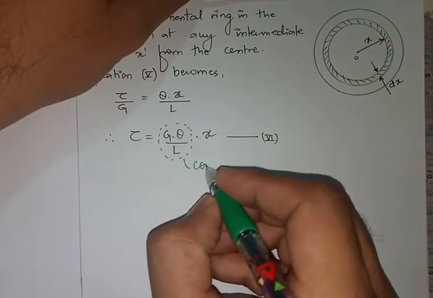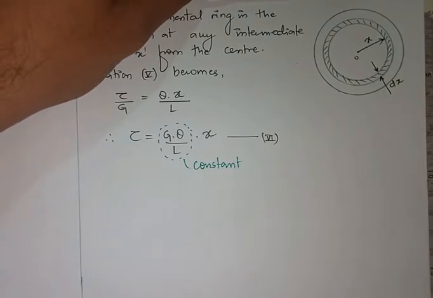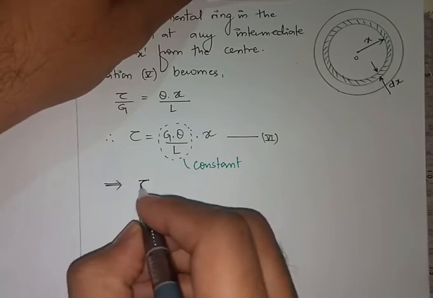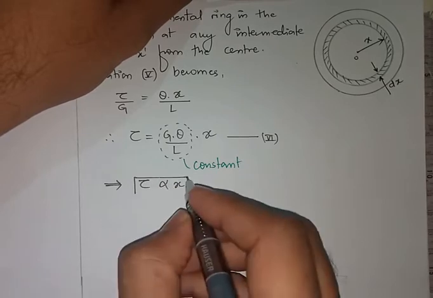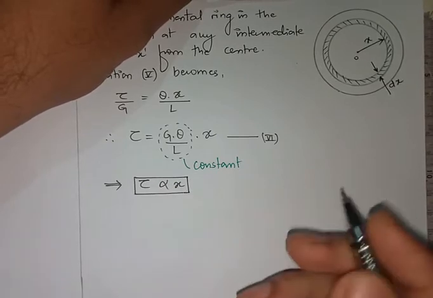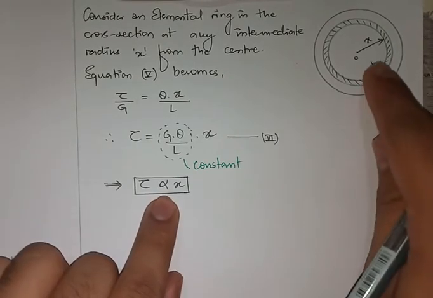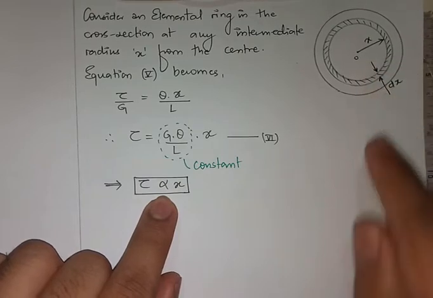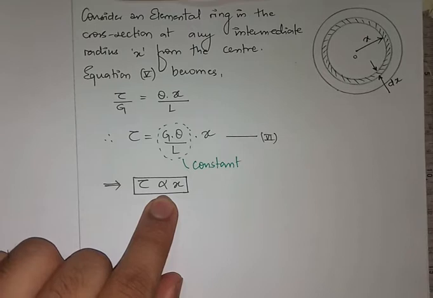So when this term remains constant, tau is directly proportional to x. That is, shear stress varies linearly with respect to the radius.